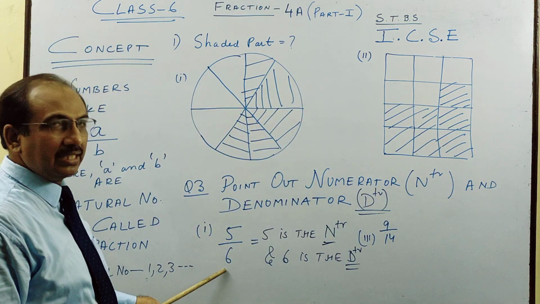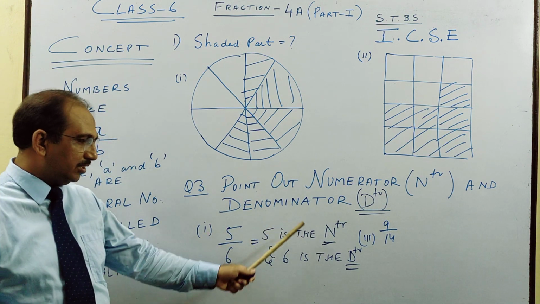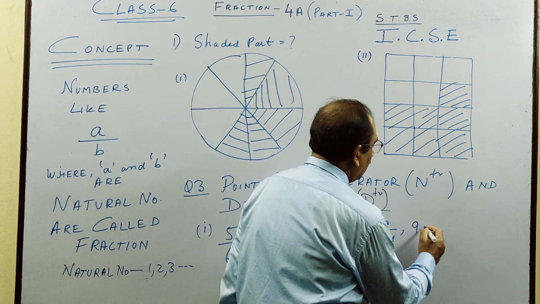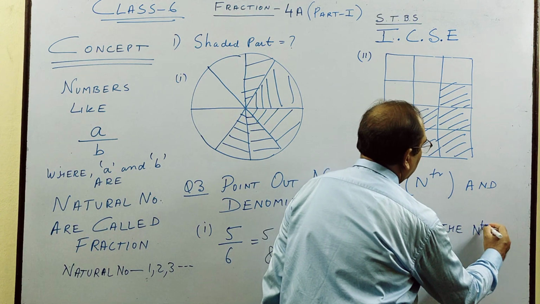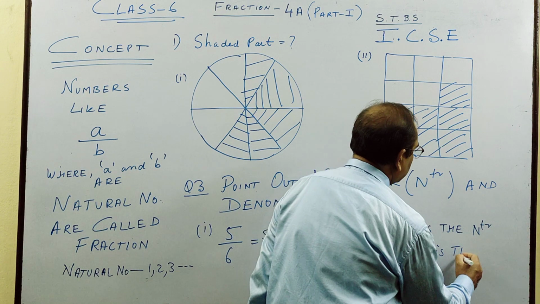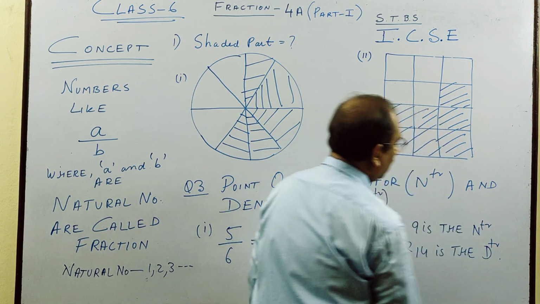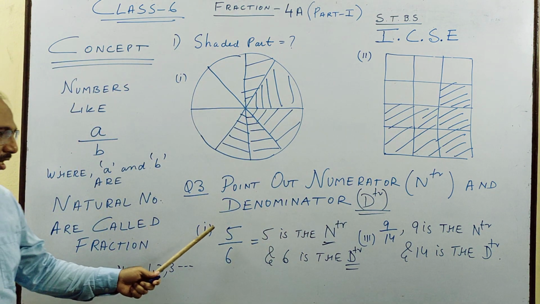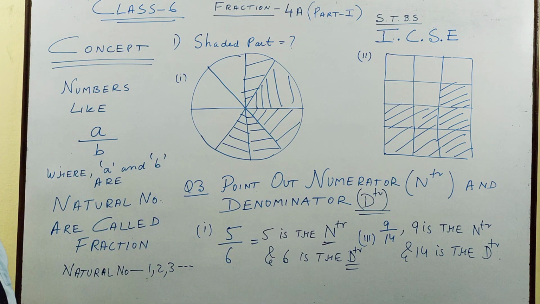So 5 by 6 is a fraction. Both are natural numbers. 5 is numerator and 6 is the denominator. Same way here, 9 is the numerator and 14 is the denominator. Okay children, so we have started. Fraction is something where we have numerator and denominator.